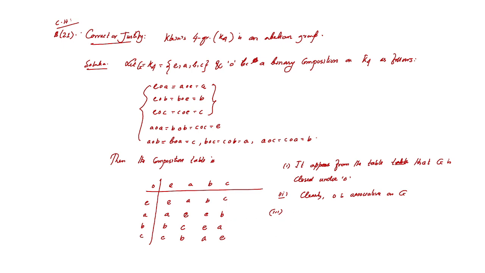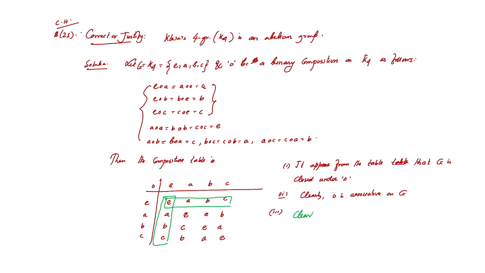And next, from these three conditions, is the identity element. So it is clear. Here you just consider the principal diagonal and you will see e is the left identity, and from that column you will see e is the right identity.